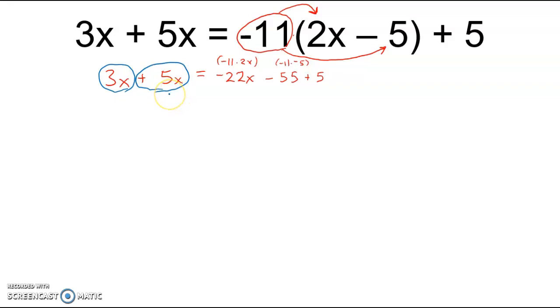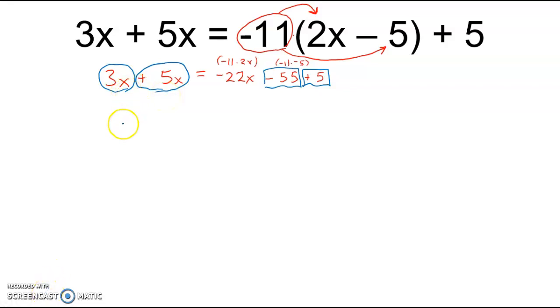On this side, we can add these two terms here, the negative 55 and the plus 5 can be added together. Now remember, we can only work on one side of the equal sign at a time when we are simplifying. We don't want to try to cross over the equal sign and add anything yet.